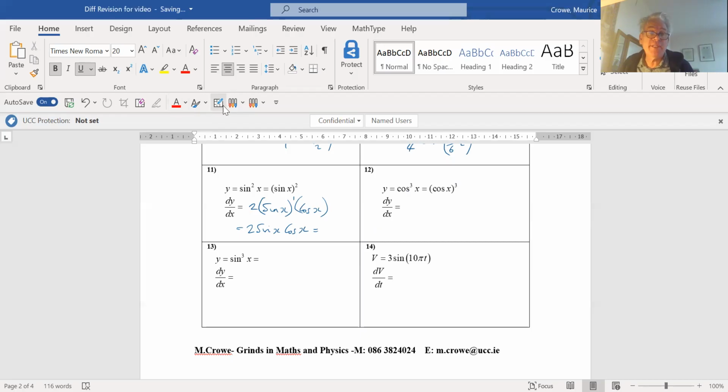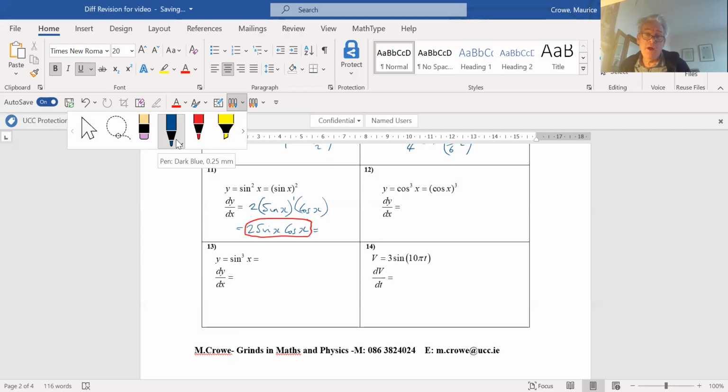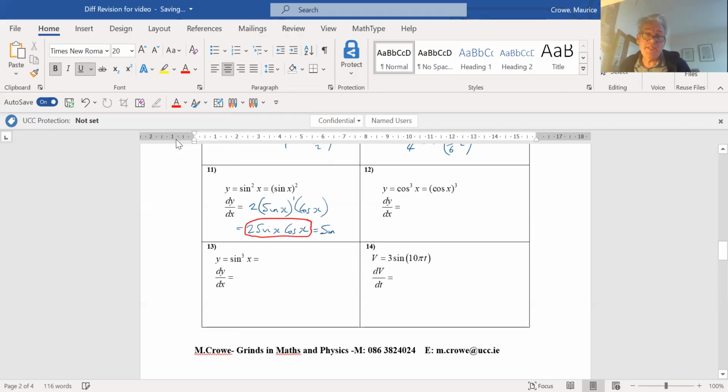This particular identity, a world famous identity, lads. A world famous identity, sine 2x. That's not differentiation now. That's just a bit of trigonometry at the end, which I couldn't resist. Okay, I had to put that in there.